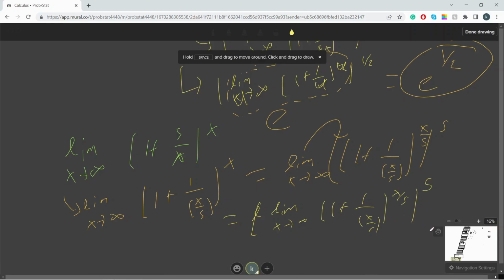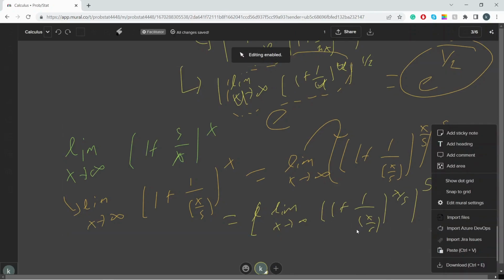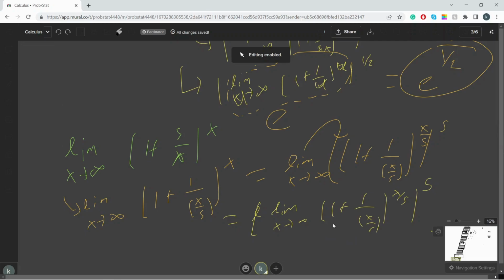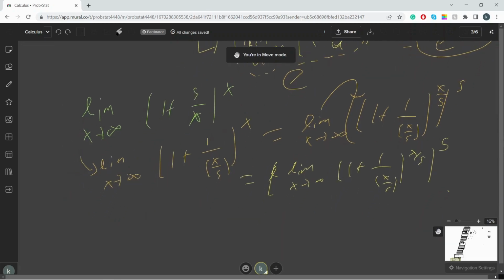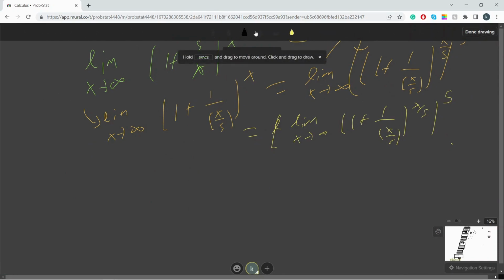Now we can make the variable substitution, because you have the x over 5 matching with this x over 5. So we can make the variable substitution, and we should be pretty much done with this problem. If we let u equal x over 5, then when x approaches infinity, u will approach infinity.